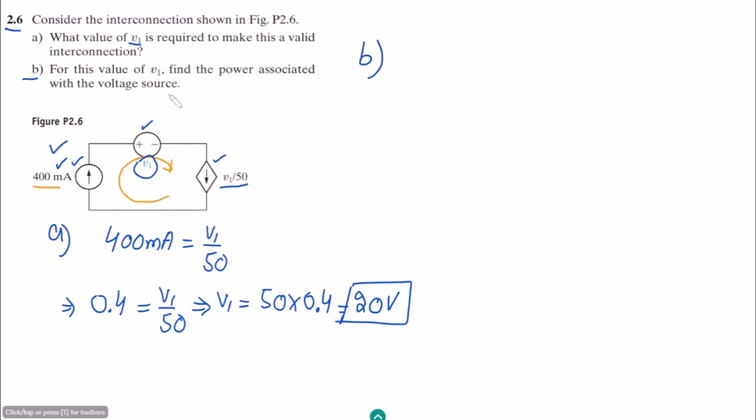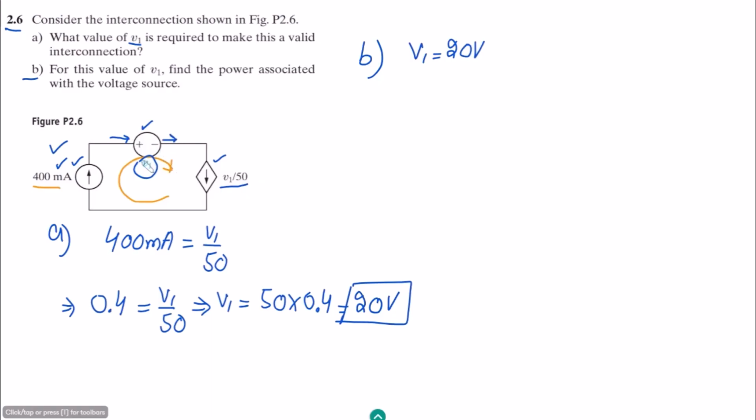In part B of our question, we have found the value of V1 which is 20 volts. What should be the power associated with the voltage source? As we can see that the actual direction of the current is here, for which we have also found out the value of V as well. If this is the actual direction of the current, then the current enters through this positive terminal and comes out of this negative terminal.